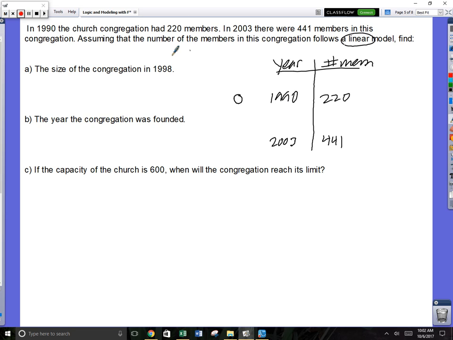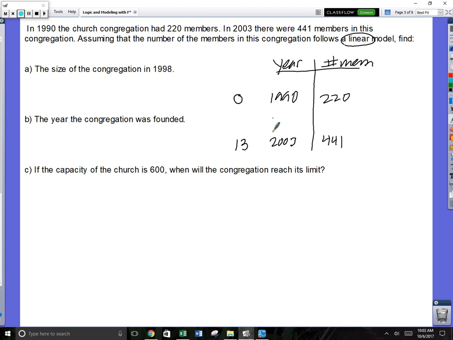They just gave me two random things. 1990 I got 220 members. 2003 I got 441. But I'm going to say, just to make the math easier, that 1990 is year 0. So 2003, the difference between 2003 and 1990, this would make that be year 13.